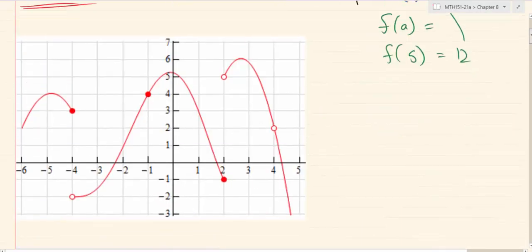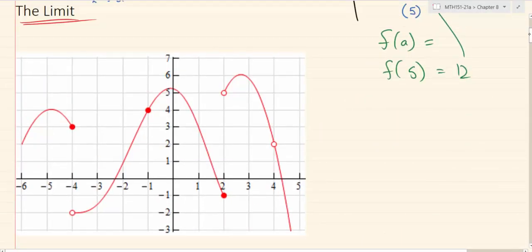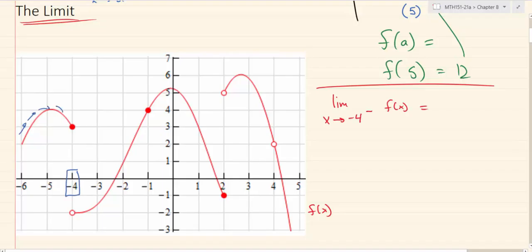Take a look at this guy. So here's a function, a red function. We'll call it f of x. And let's ask some questions about f of x. For example, what is the limit as x approaches -4 from the left? So as we get closer and closer and closer, it looks like it's approaching the y value 3.